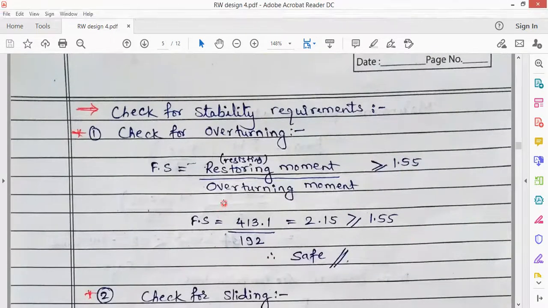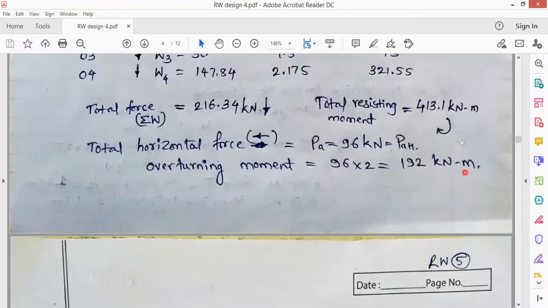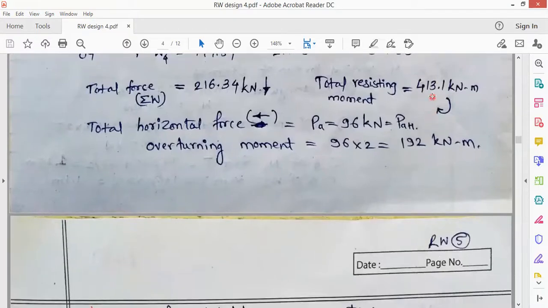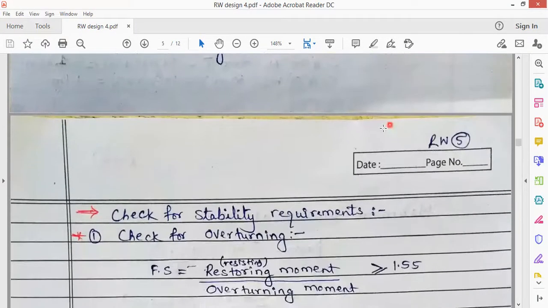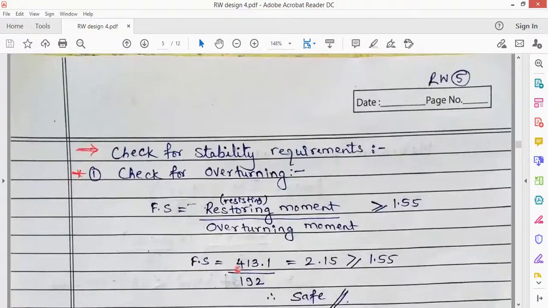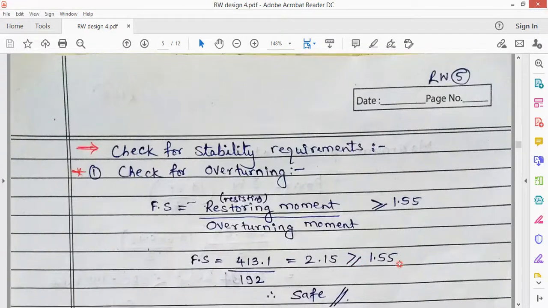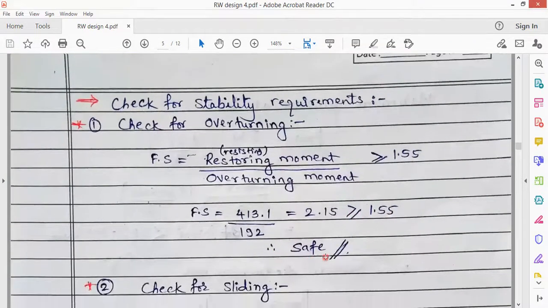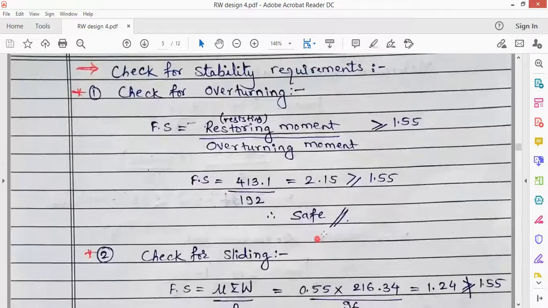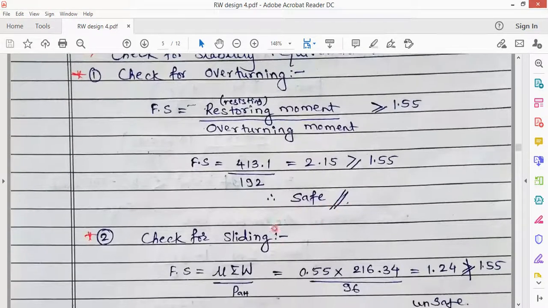Restoring moment is 413.1 and overturning moment is 192. So 413.1 by 192 will give us 2.15, which is greater than 1.55. So I can say it is safe in overturning. Check for overturning is okay.